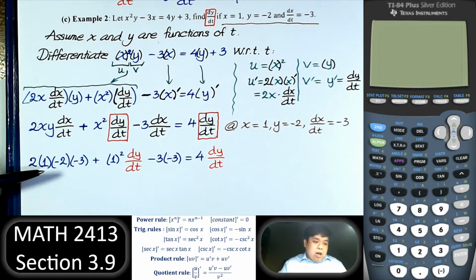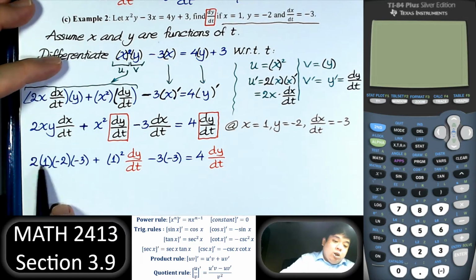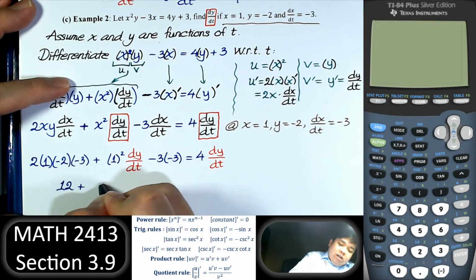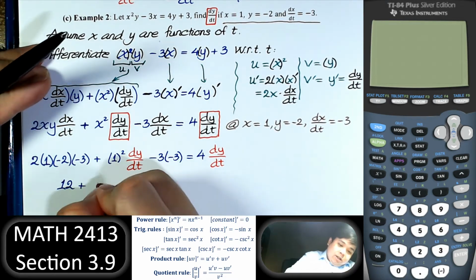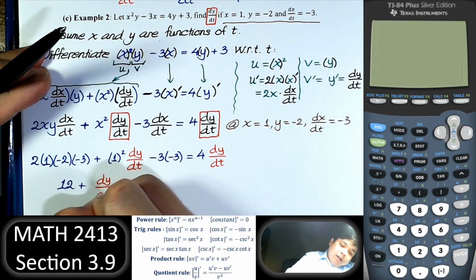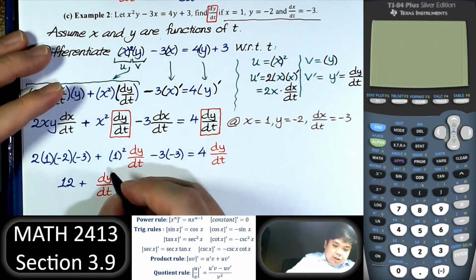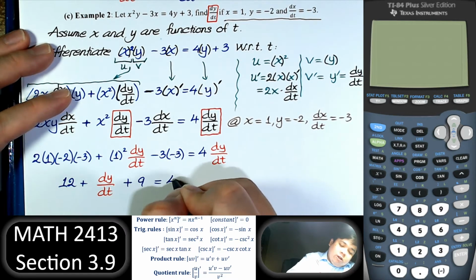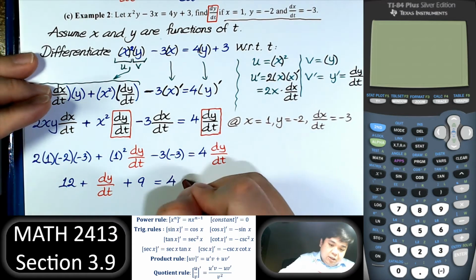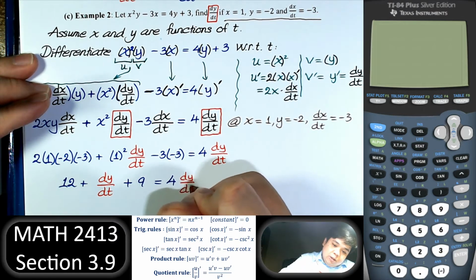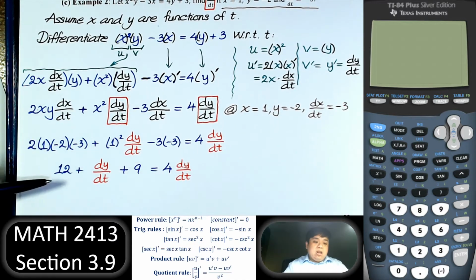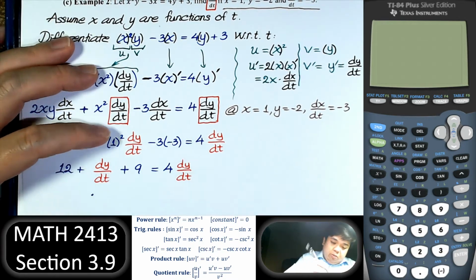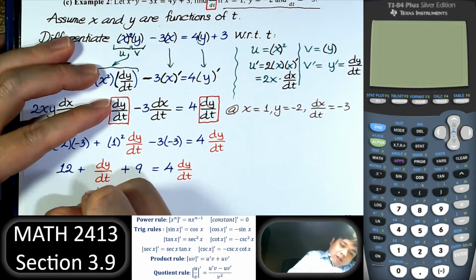So right now, 2 times -2 times -3, so that's 12. 1 squared is 1, so we just have 1 dy over dt, minus 3 times -3, that's plus 9, equal to 4 dy over dt. Combine like terms, 12 plus 9 is 21, and I move dy over dt to the other side.